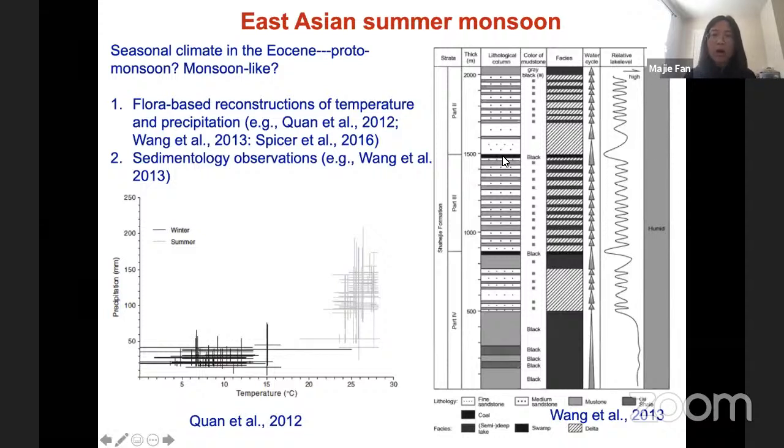So on the top of the cycles, there are extreme wet periods. So here we are looking at this black bar and another black bar down here. Those are coal deposits in swamp environment that represent particularly wet climate and lower lake water in this case. Okay.